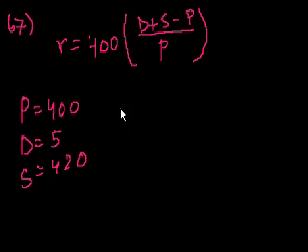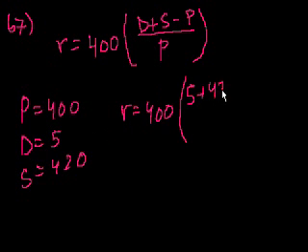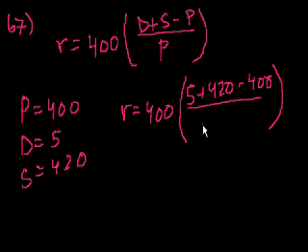So let's see. The yield would be equal to 400 times 5 plus 420 minus 400, right? P is 400. All of that over 420. That is equal to, let's see, 420 minus 400 is 20 plus 5, that's 25.